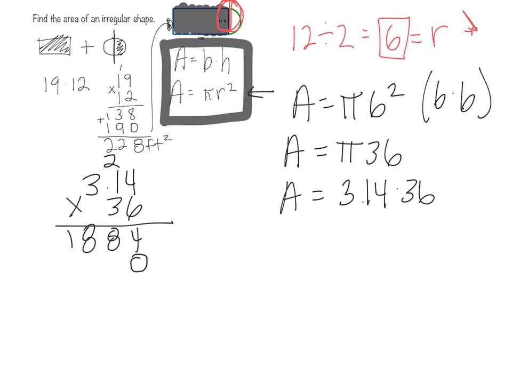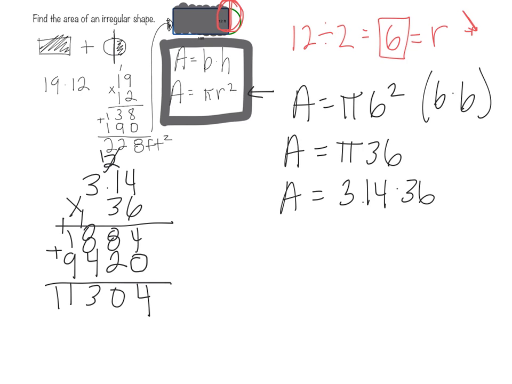Placeholder. 3 times 4 is 12. 3 times 1 is 3 plus 1 is 4. 3 times 3 is 9. Add it all up. 4, 10, carry the 1. 8 plus 1 is 9, plus 4, 13. 9 plus 1 is 10, plus another 1 is 11.